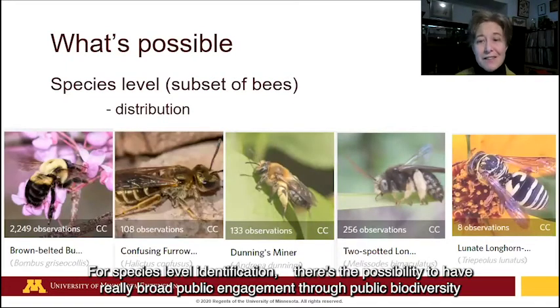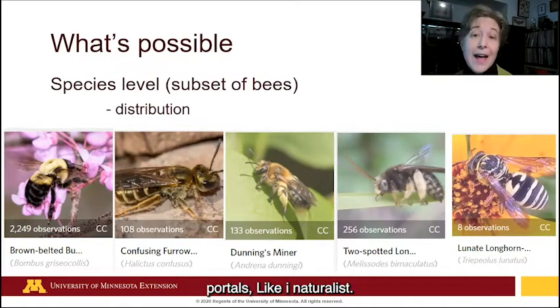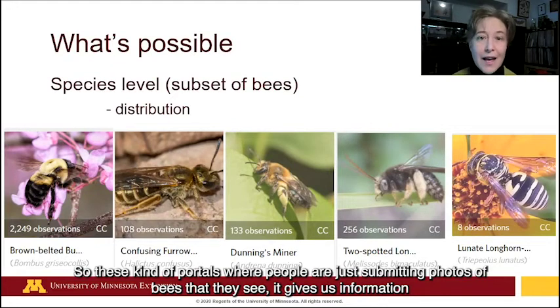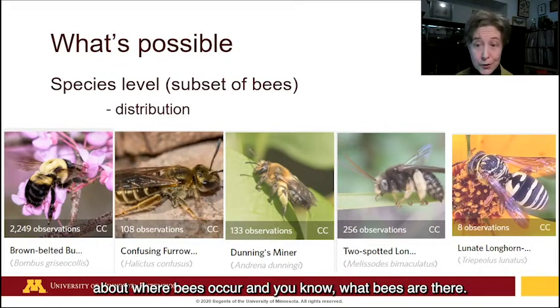For species level identification, there's the possibility to have this really broad public engagement through public biodiversity portals like iNaturalist. So these kind of portals where people are just submitting photos of bees that they see gives us information about where bees occur and what bees are there.